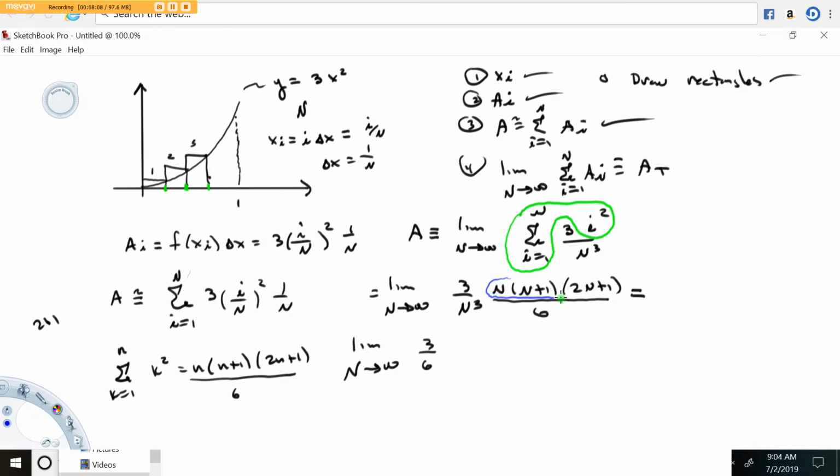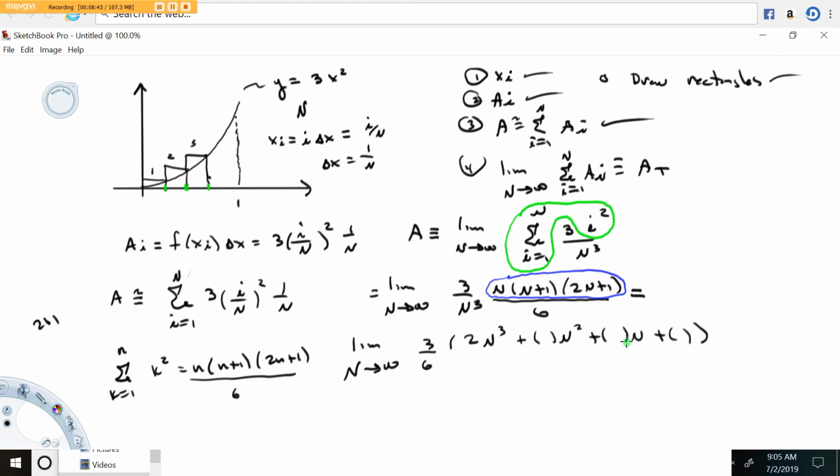By the time you FOIL this and then hit it with an n, that very first term is going to be 2n to the third. This is a very important part of this problem right here. If you check this out, this is n squared plus n, and by the time you FOIL this, that first term is 2n to the third. All other terms are going to be smaller powers of n. I'm going to put plus something n squared, plus something n, plus a constant.